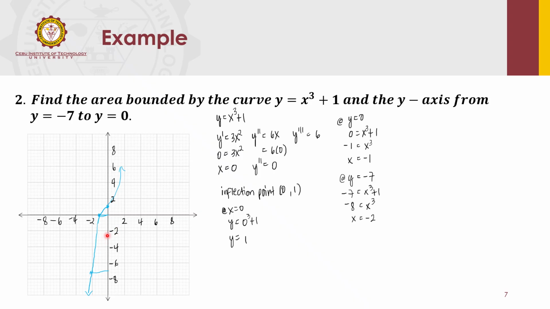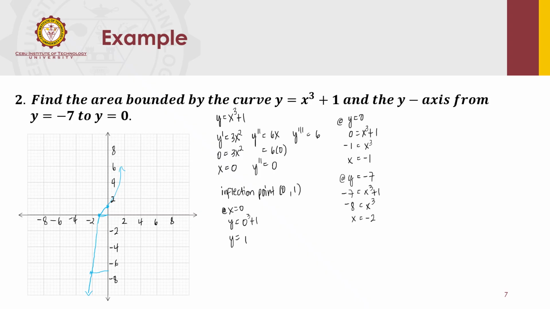If you're going to use a vertical strip here, it's not possible since it does not touch the curve y equals x cubed plus 1. It should touch other curves also, so it should be a horizontal strip for this example.